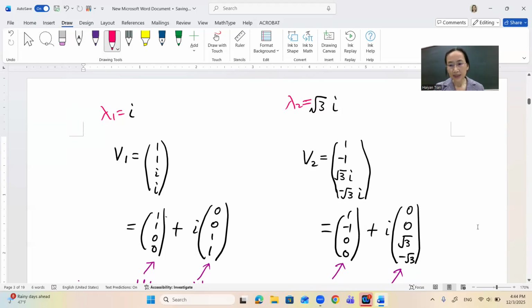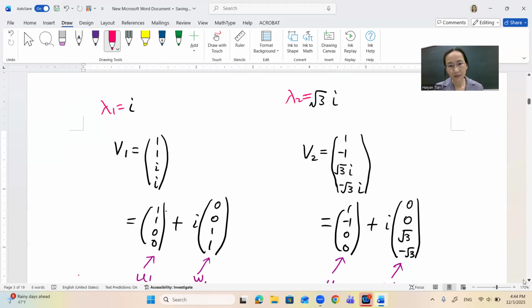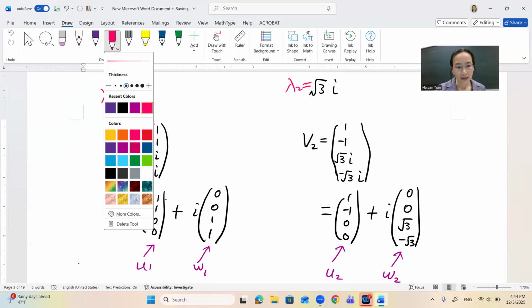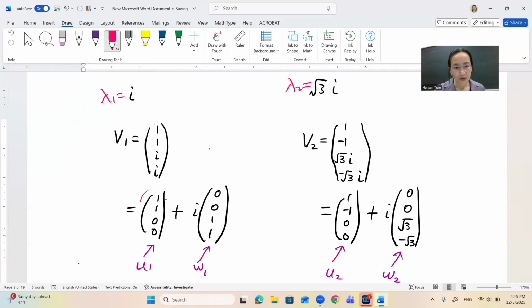But from v1, because it's a complex eigenvector, we can write respectively the real part and imaginary part, right? You see the real part is just 1, 1, 0, 0. The imaginary part is 0, 0, 1, 1 times i.